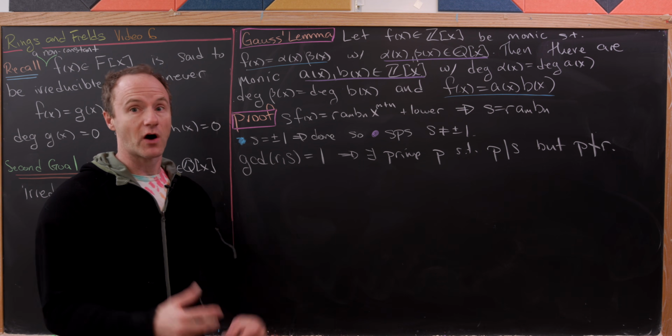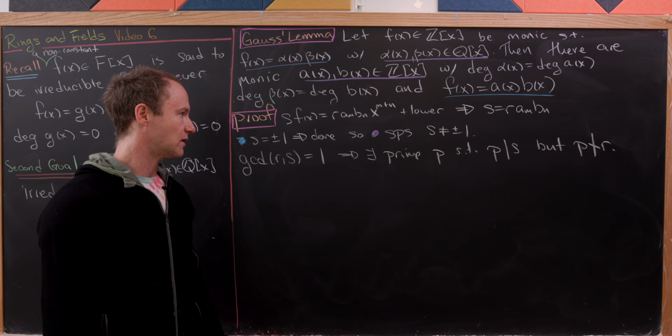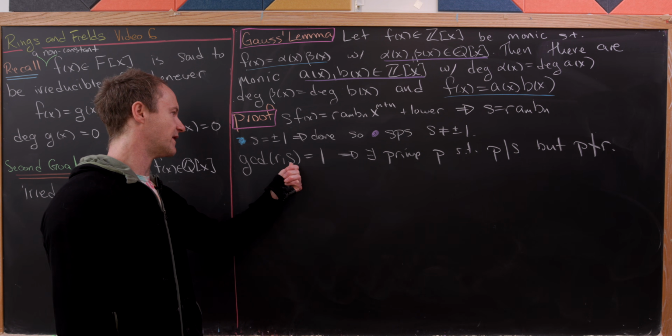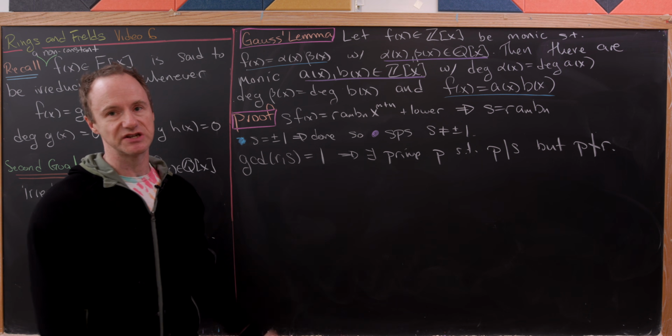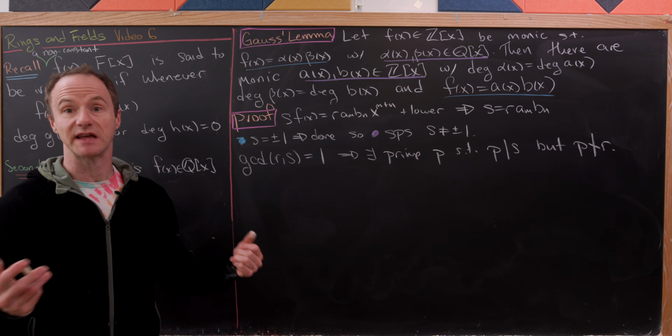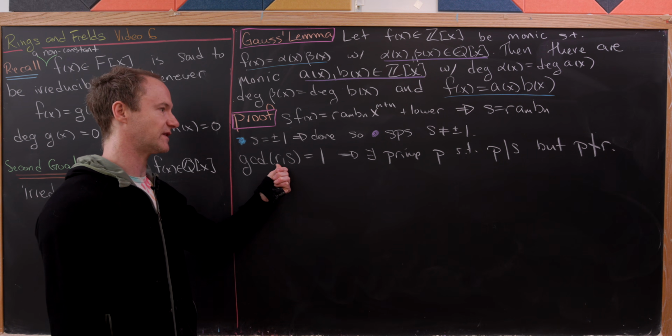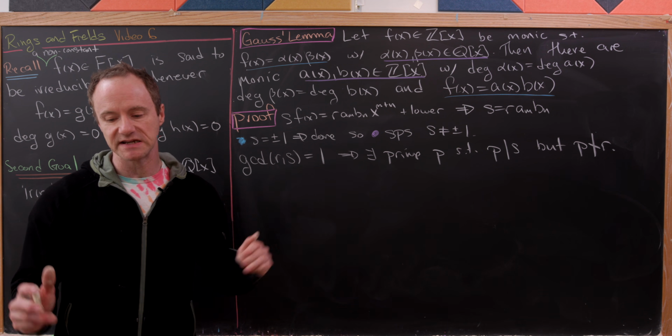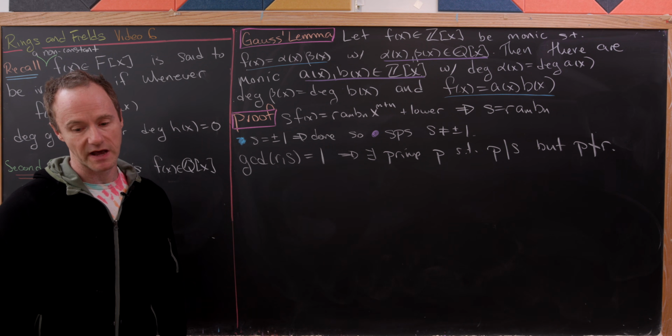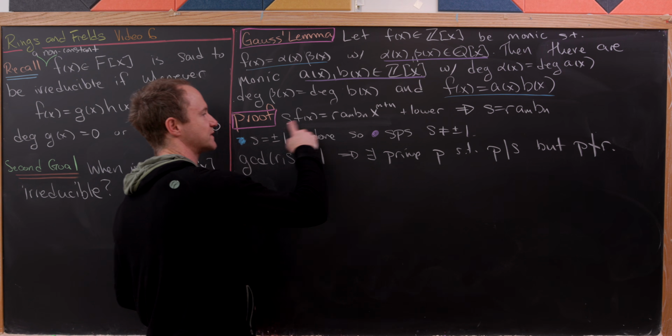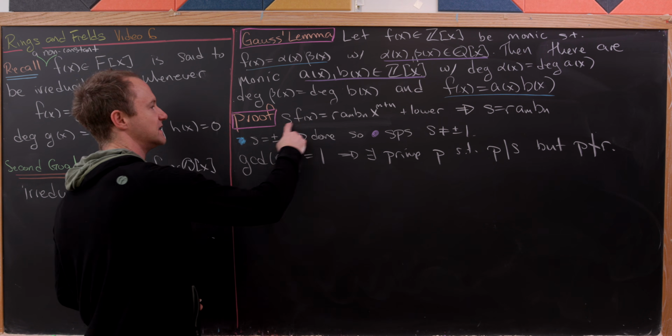Out of all of those prime divisors, we can take one that does not divide r because the GCD is 1. Actually, it tells us that all of the prime divisors don't divide r, but we're only guaranteed to have one prime divisor.